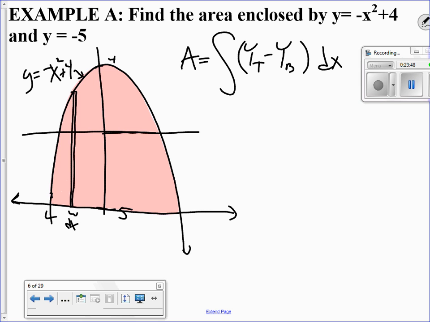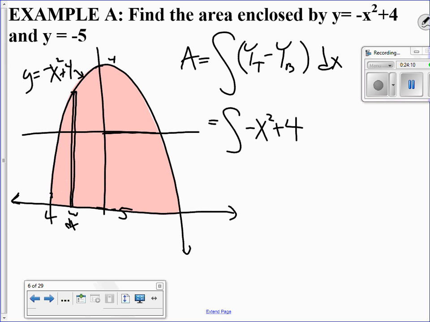Nice. Now, let's fill in. Make sure when you're looking at the graphs, you always look in the region. If you're in here, what is the y coordinate on top equal? It's not the same number all the time. It's going to be a function. Negative x squared plus 4. That's what the y on the upper function equals.